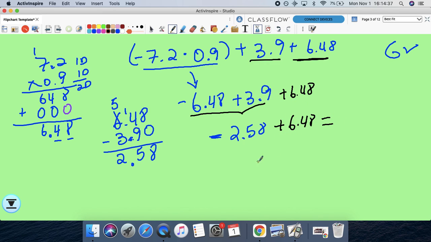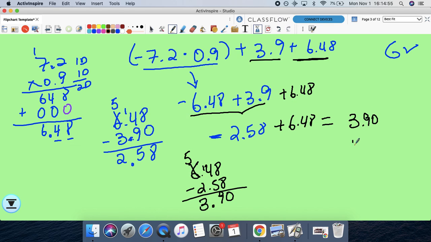So let's find the difference. 6.48 minus 2.58. 8 minus 8 is 0. We borrow in here. 14 minus 5 is 9. Bring the decimal down. 5 minus 2 is 3. Final answer, positive 3.90 or just 3.9. And I think we're done.